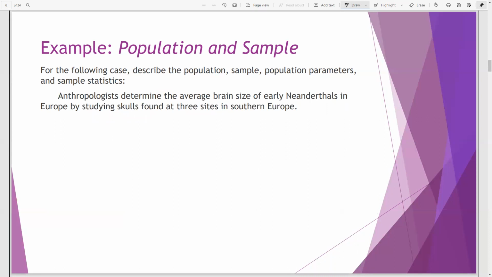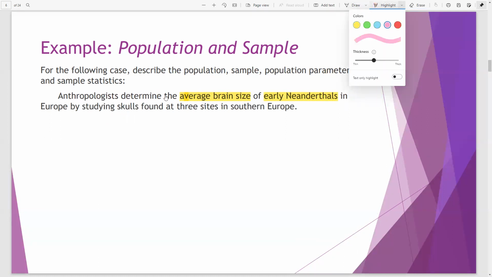Right, the next one. Anthropologists want to determine the average brain size of early Neanderthals, right? And what they found, by studying skulls found at 3 sites in South Europe.